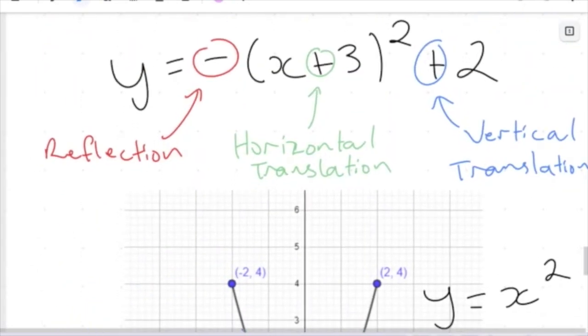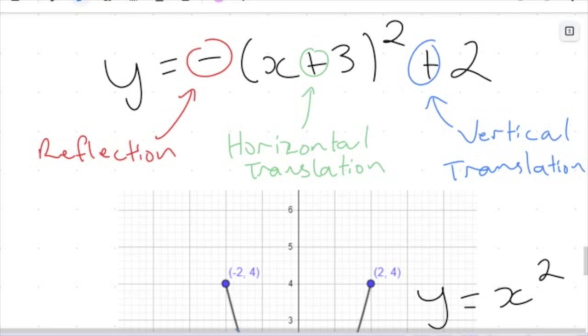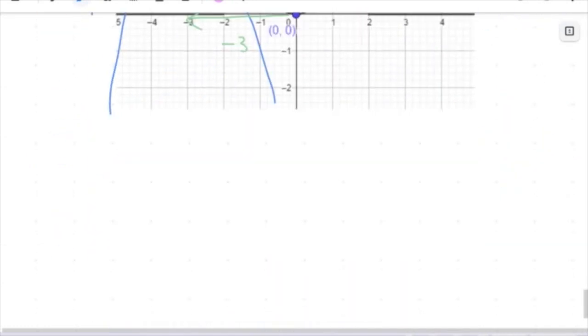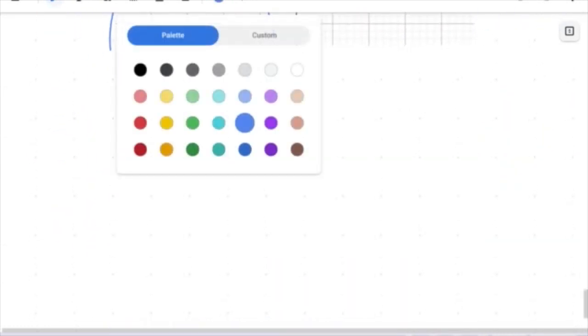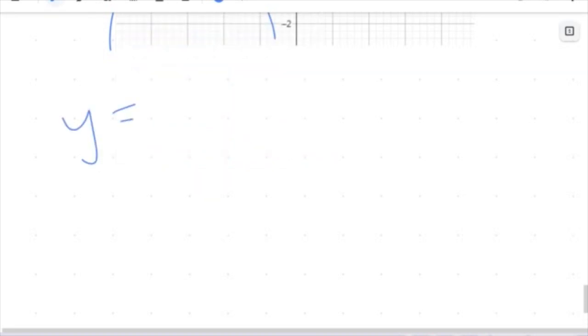Now we just want to find the y-intercept. So I'm going to find the y-intercept by substituting in x equals 0. So my y is going to be -(0 plus 3) squared plus 2.